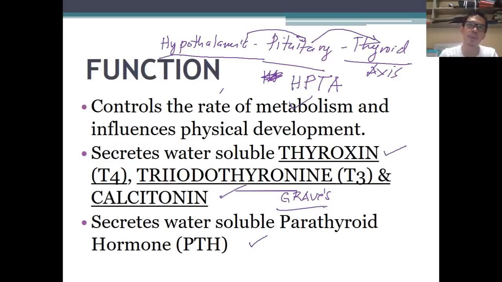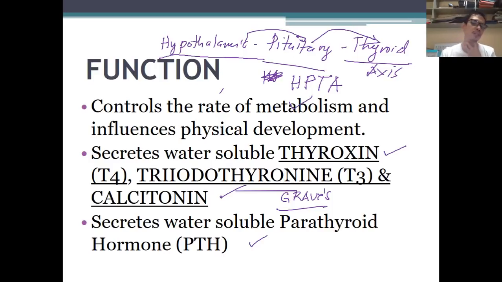I will give you one effect on the body of this oversecretion of thyroxine: the eyeballs will pop out. If you can see some people who have this disease, their eyeballs pop out due to the oversecretion of thyroxine. Now, undersecretion of thyroxine, or hypothyroidism, is called goiter.